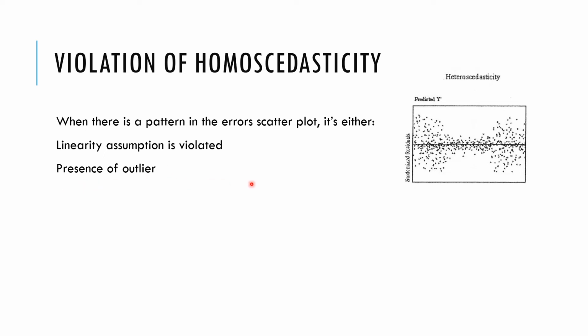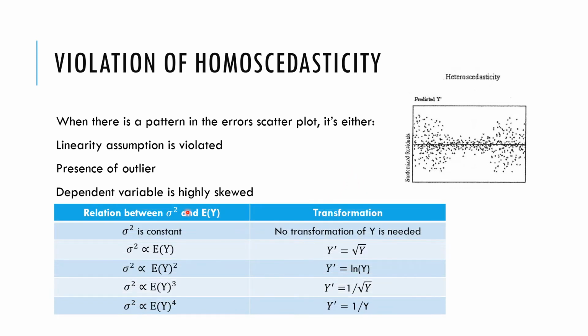And then maybe there is an outlier in the response variable, and that's why it is showing some pattern. Or the dependent variable is highly skewed, either right skewed or left skewed, so we need to check that out. Whenever there is a problem in the dependent variable, we can transform the dependent variable as well.